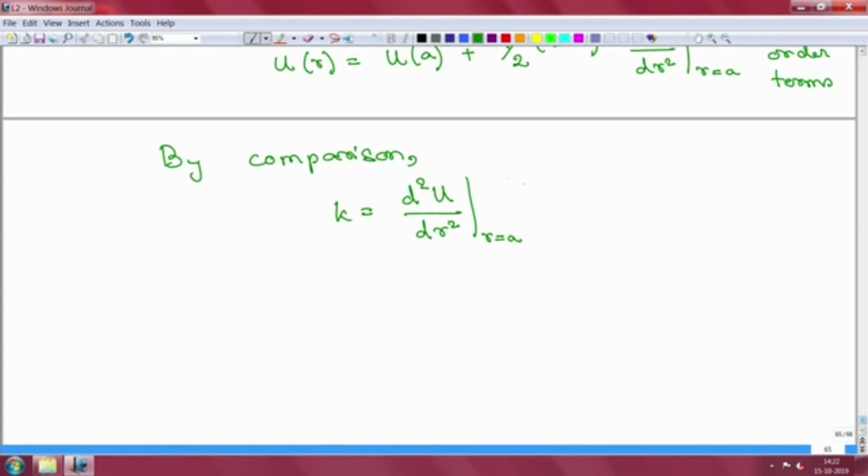So, now we know this relationship, but what is the functional form for U? You cannot calculate this derivative unless you know the functional form. So, let us make an assumption. Let us say U(r) is some U naught times f of (r by a). So, I am non-dimensionalizing it. So, f is some dimensionless quantity.